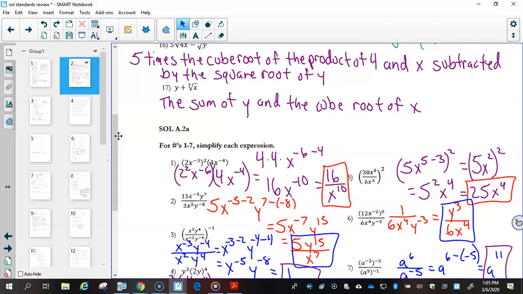For number 1, on the second section, number 1 was 16 over x to the 10th. Number 2 was 5y to the 15th over x to the 7th.